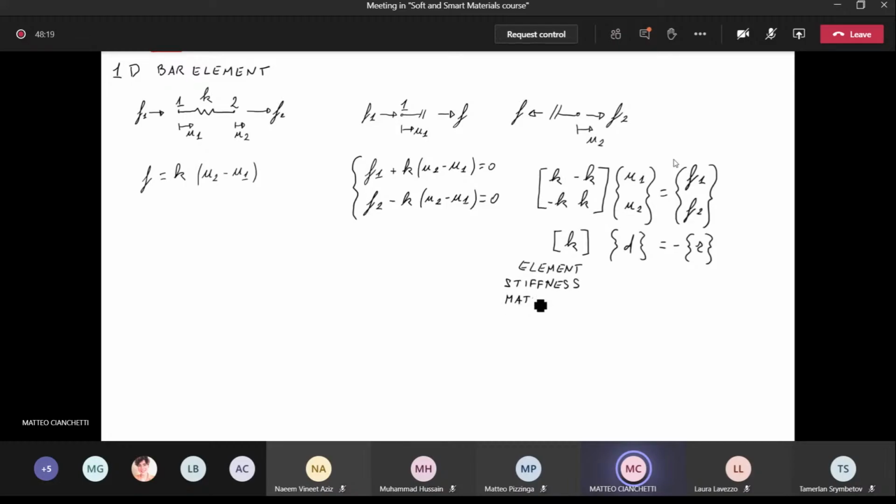D is called the vector of nodal degrees of freedom.